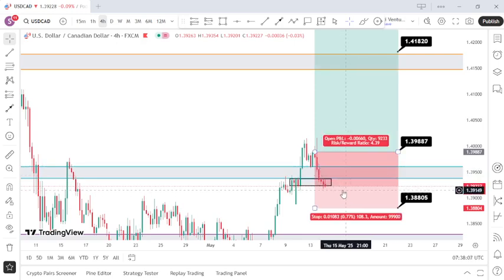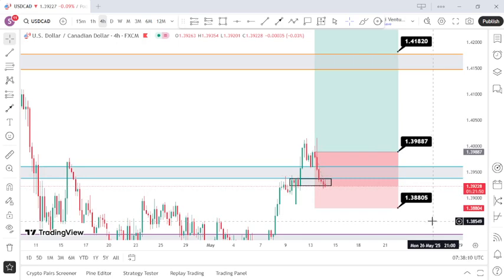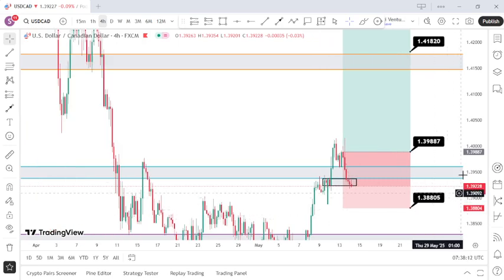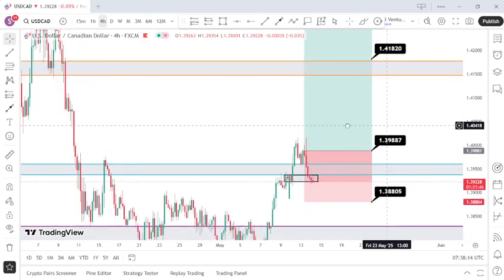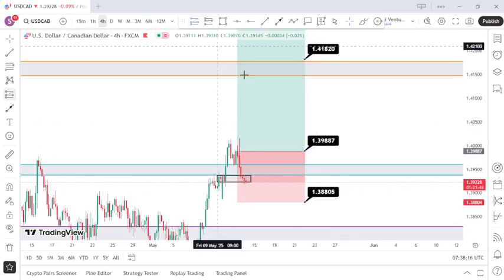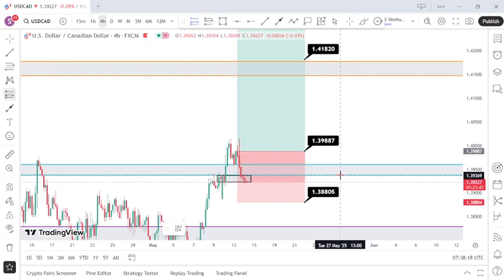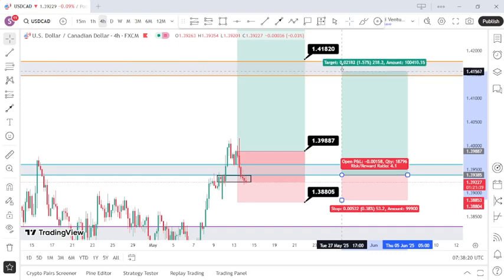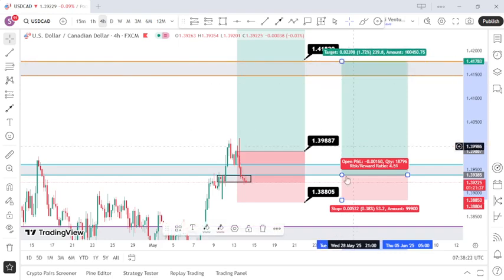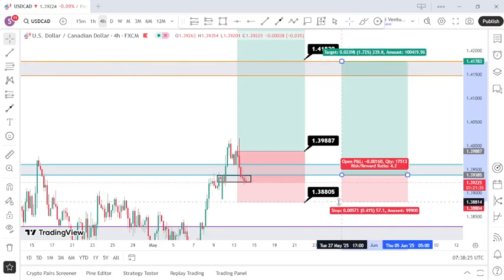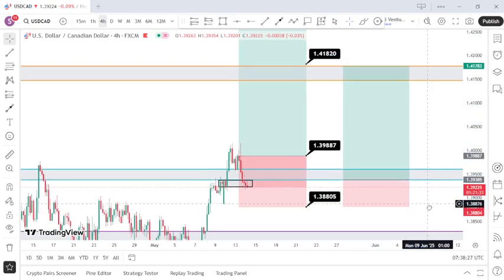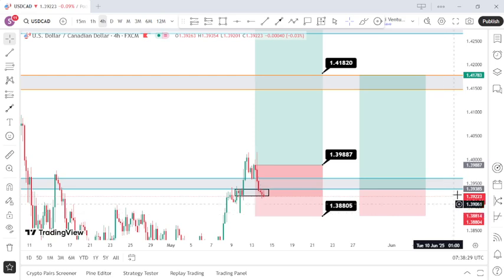When I get one, I'll send a signal to the community. So that's how you can pick the entry on USD CAD if you miss this setup. So that's it on USD CAD.